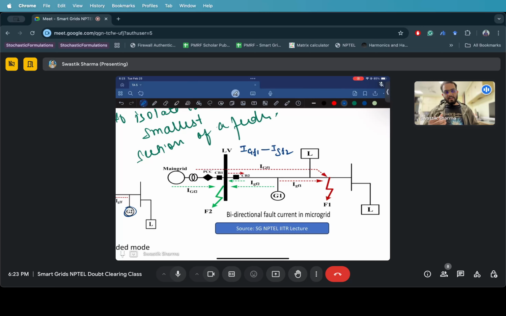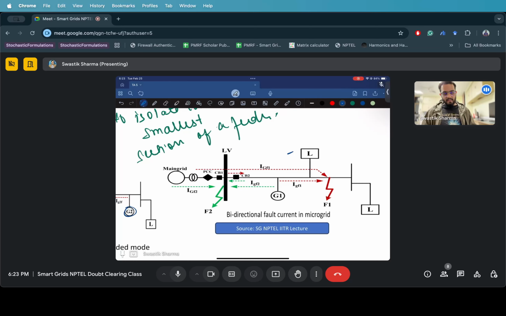The amount of current it is experiencing for the F1 fault is less than what it is supposed to, so it won't trip. Similarly, circuit breaker 1 is experiencing both GF1 and GF2, but for circuit breaker 1 it won't be an issue. For circuit breaker 2, this will be an issue because it is experiencing less current than it is supposed to.